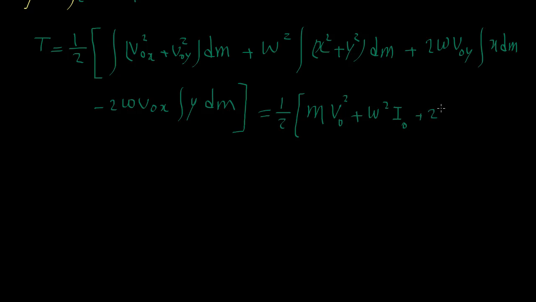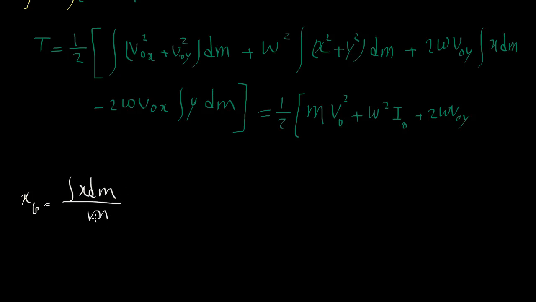Plus, here we have 2 omega Voy, and we are also familiar with this term. This is basically m xg, the x coordinate of the center of mass for the whole rigid body. Just a side note here, xg was the integral of x dm over m.